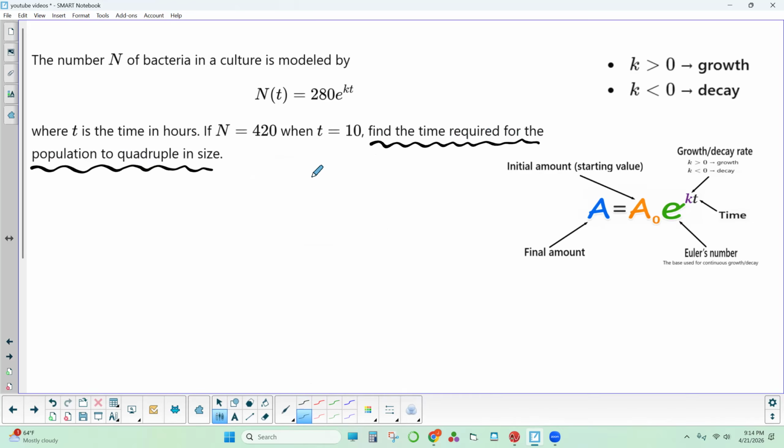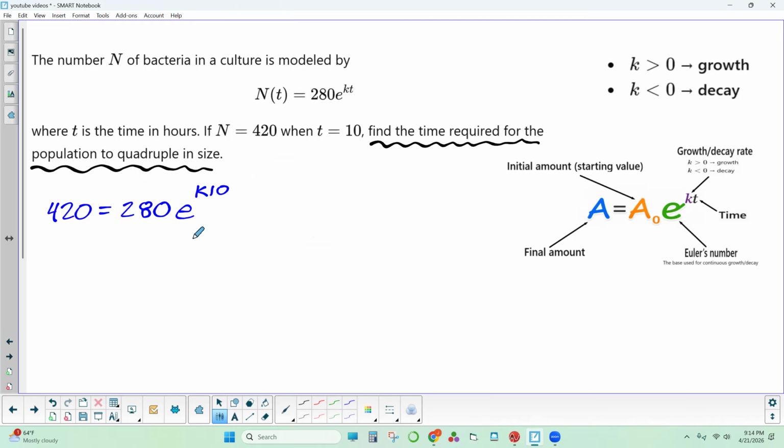So we are going to plug in 420 for n. Okay, so let's write that. 420 equals 280 times e to the k, and t equals 10.